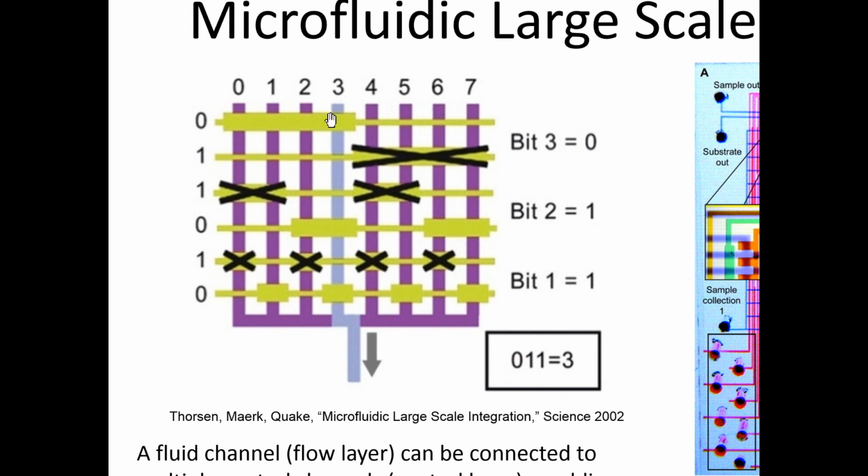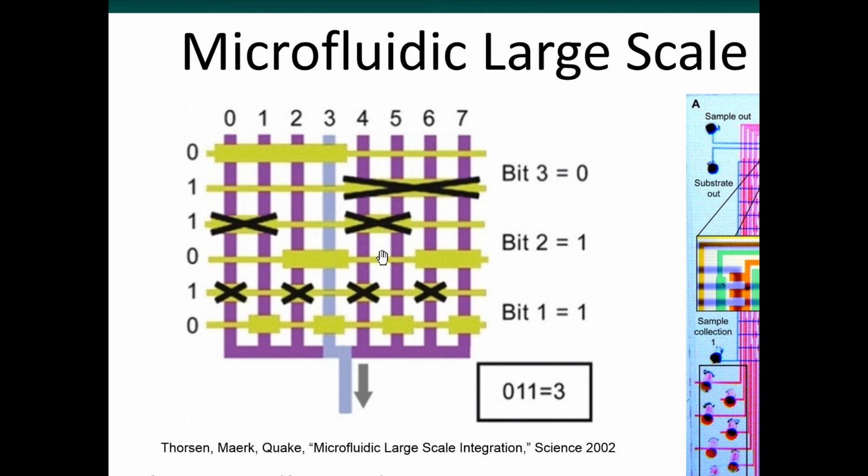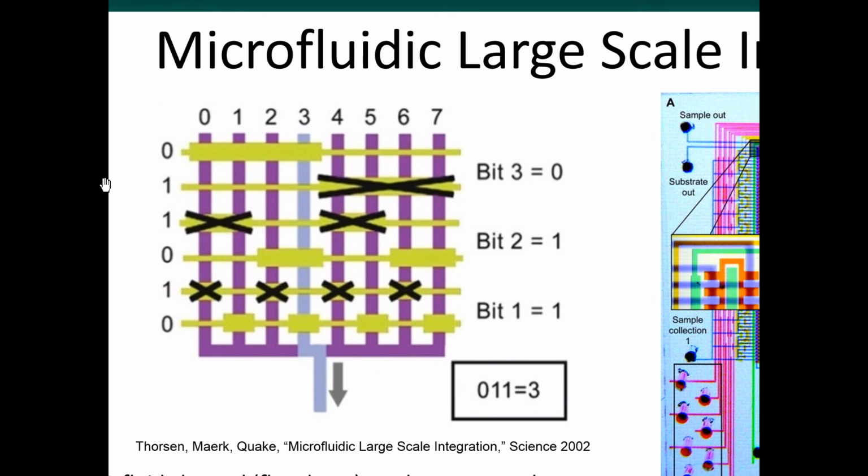So this is a way to do that, using these horizontal lines, which are the pneumatic control lines. Remember, the pneumatic control lines are on a different layer.